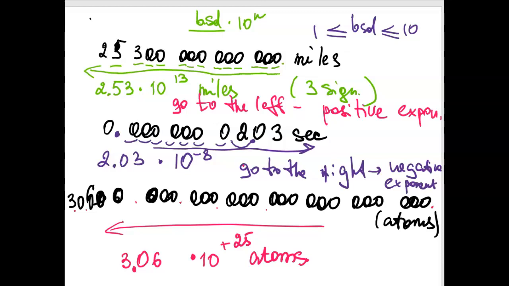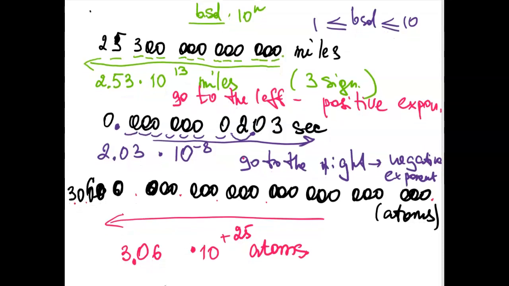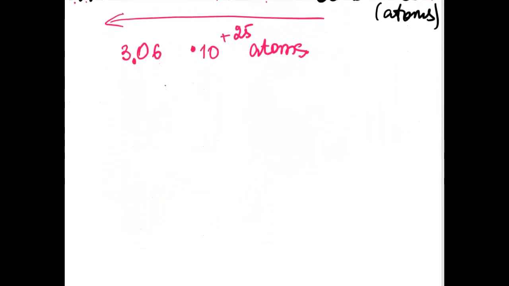Okay, let's do opposite examples. We have numbers in scientific notation, and afterwards we need to get a regular number.